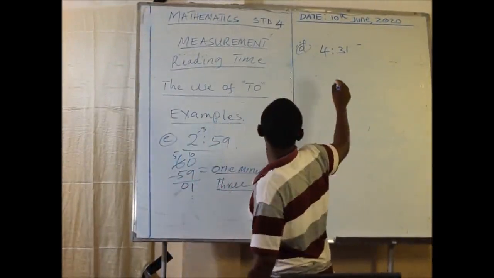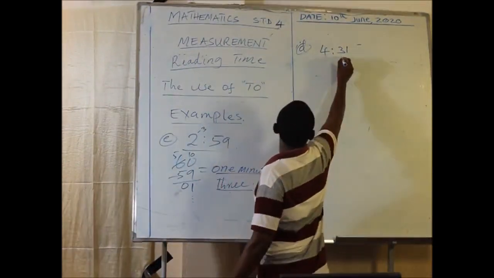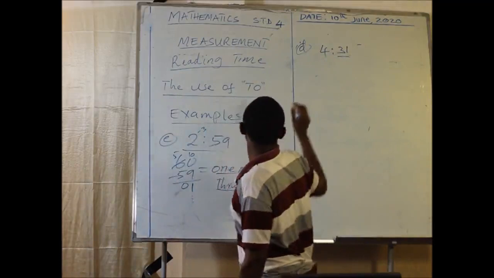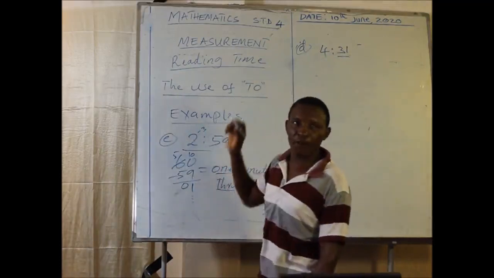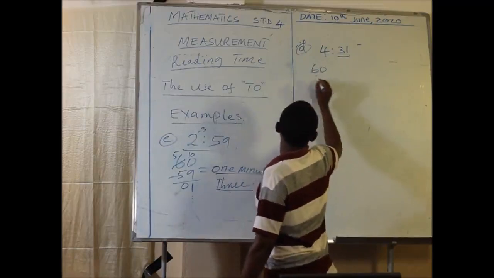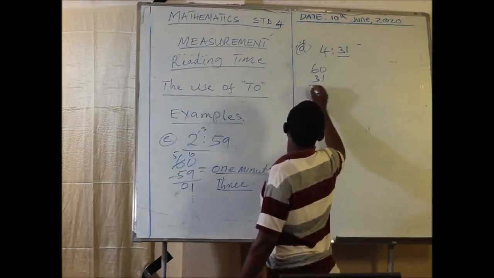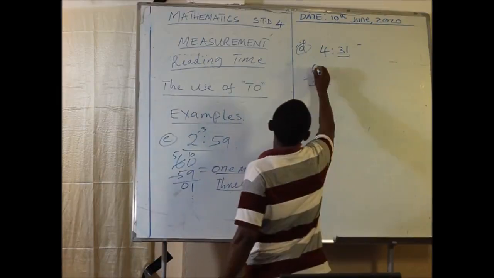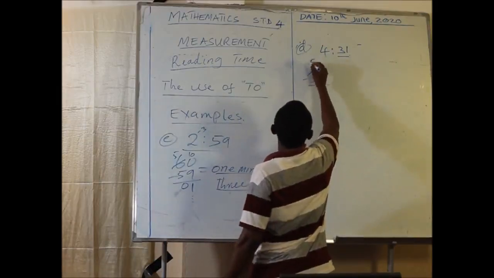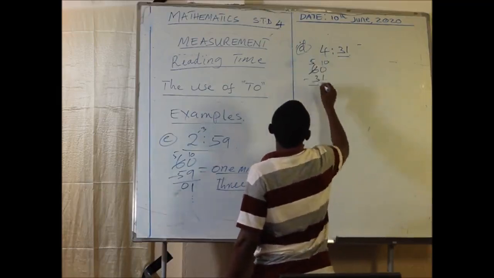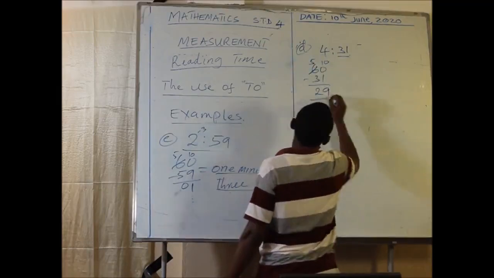Now how can we use to? As I said, you take the minutes that have passed and subtract them from 60. Now we take 60 minutes, subtract 31. Let us see how many minutes remain. The remaining is 29.